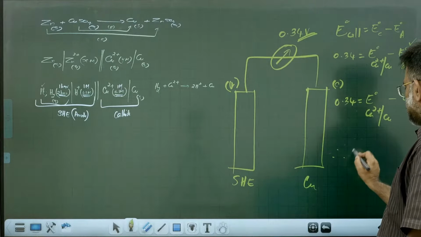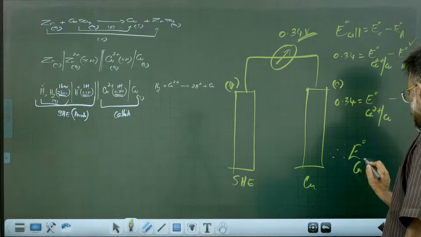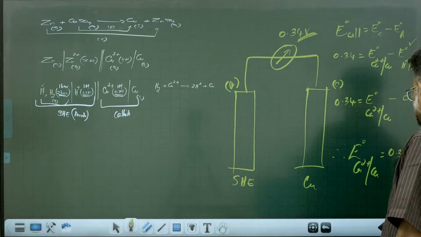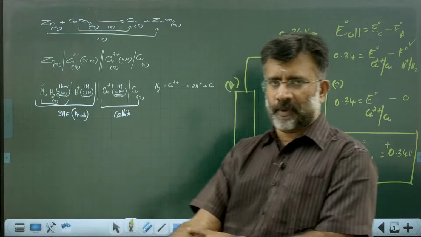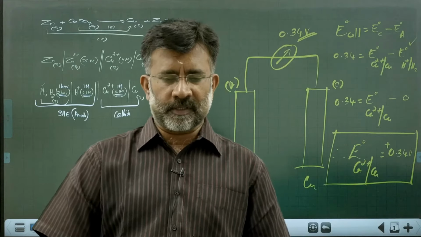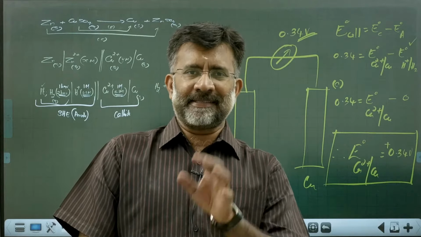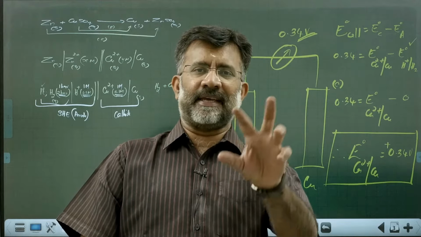That means E naught Cu2 plus bar Cu is 0.34 volt, which is positive. That is the way you get the standard reduction potential of a particular species, by coupling with the SHE, and SHE we have arbitrarily fixed as 0.